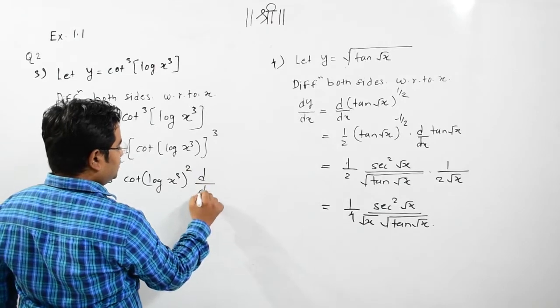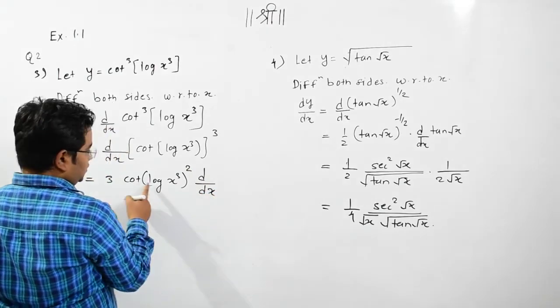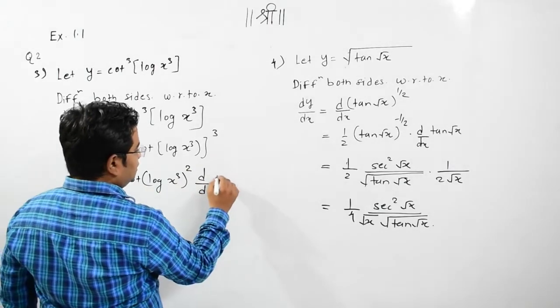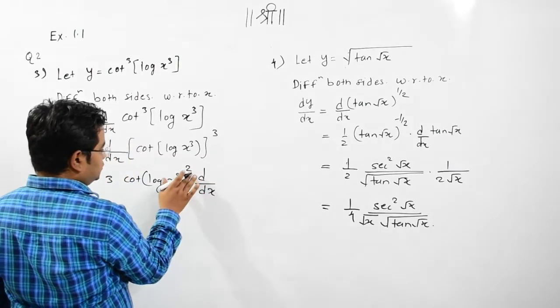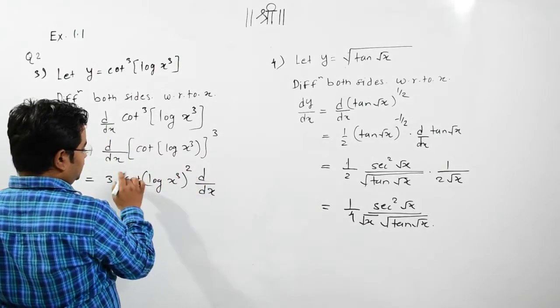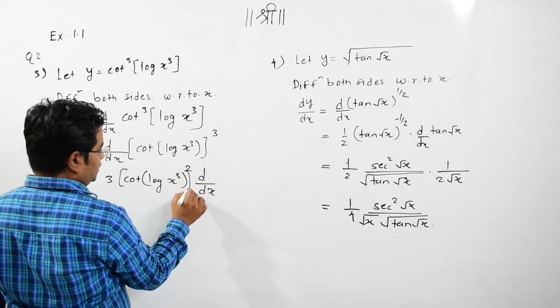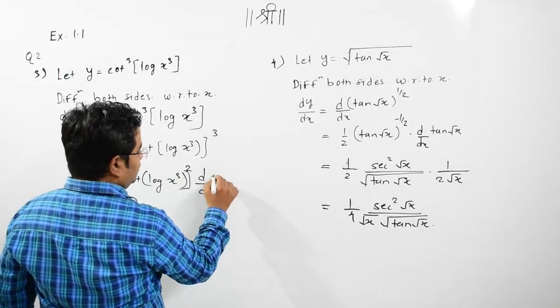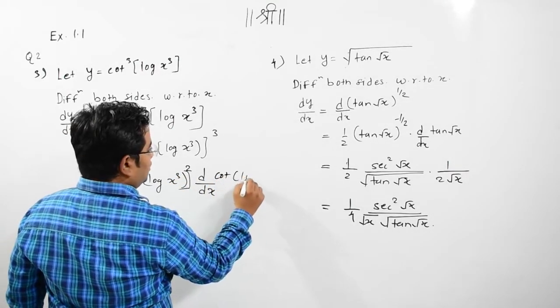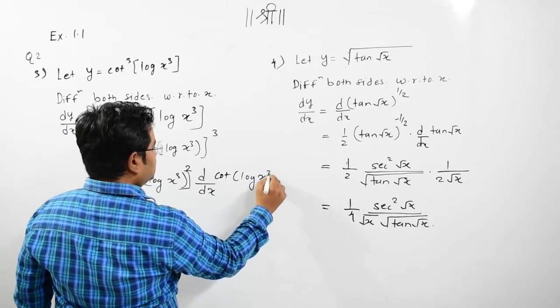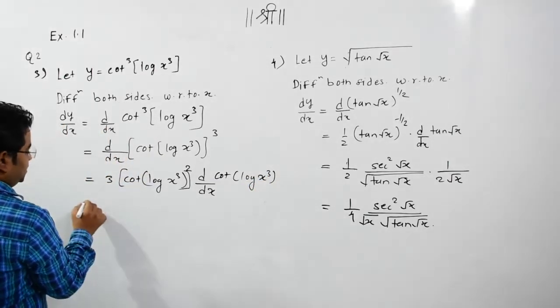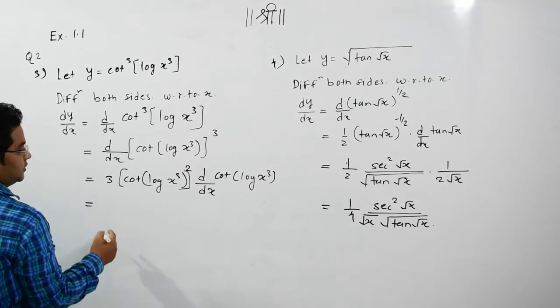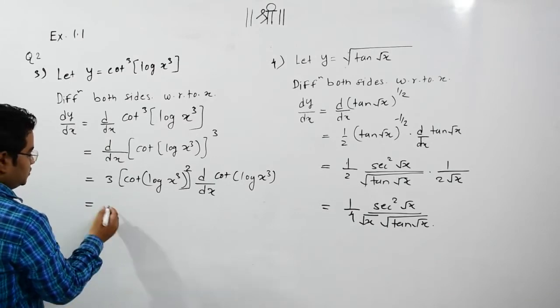Again the derivative of this cot log of x cube, I will move it within the bracket. What is the derivative of cot? Cot's derivative is minus cosec square.